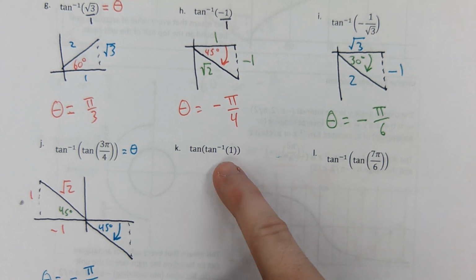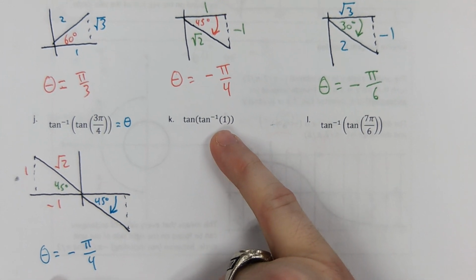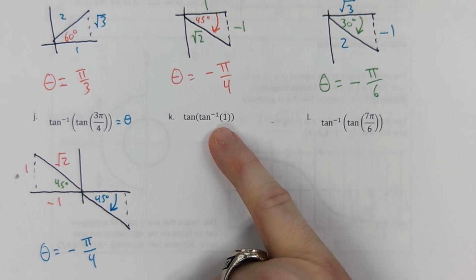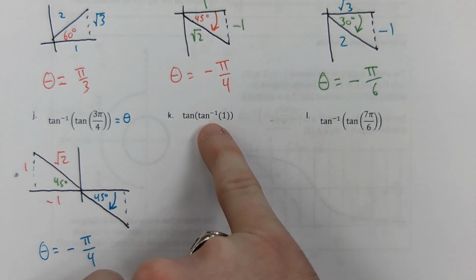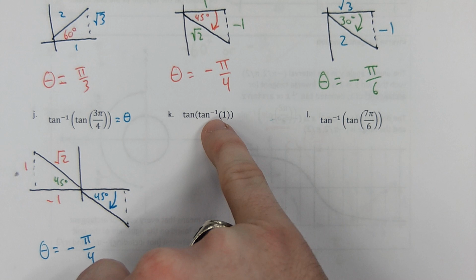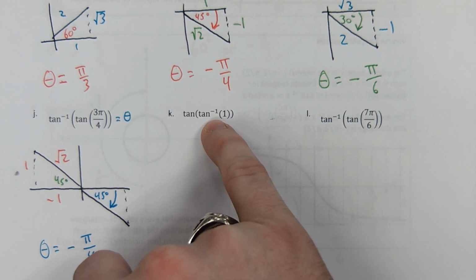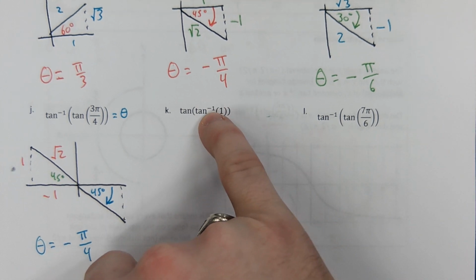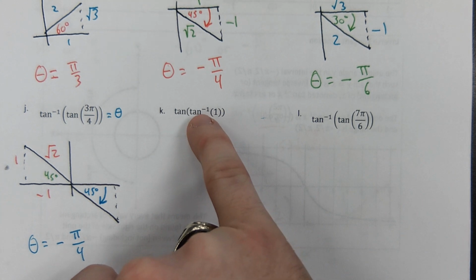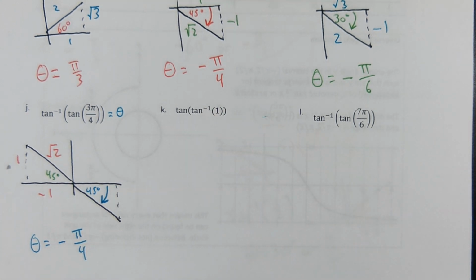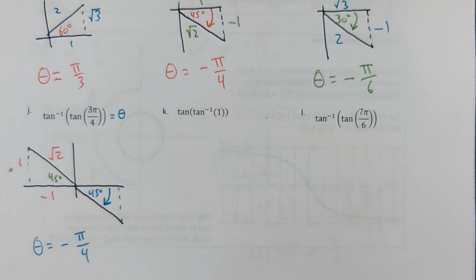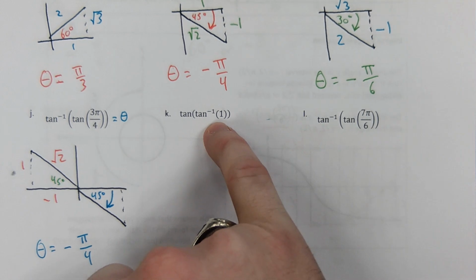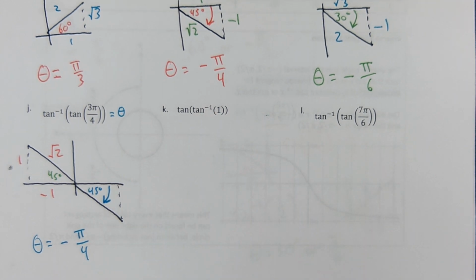Okay, this one doesn't say -1, this one says +1. The result of tangent inverse is an angle, right? At what angle would tangent have given me the value of 1? That's what that says. Where would y over x have equaled 1? In quadrant 1.